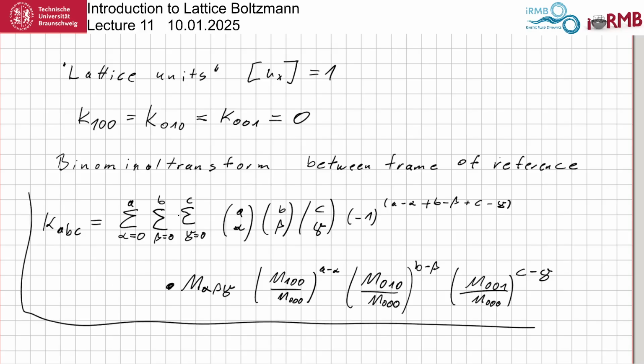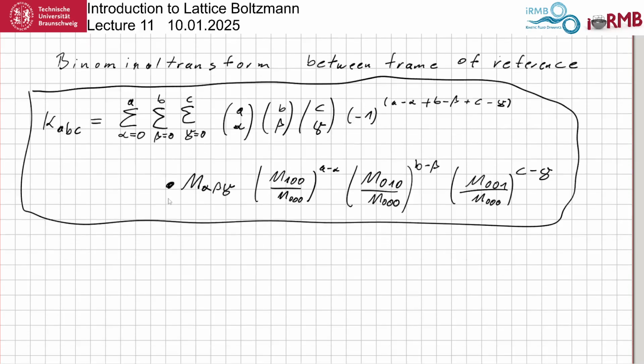Yeah, so this is the binomial transform between different frames of reference. I have to look these things up. So A over alpha is equal to A factorial divided by alpha factorial times (A minus alpha) factorial.